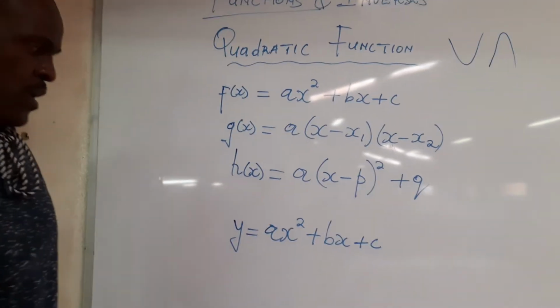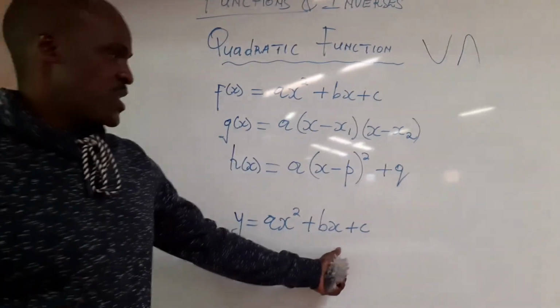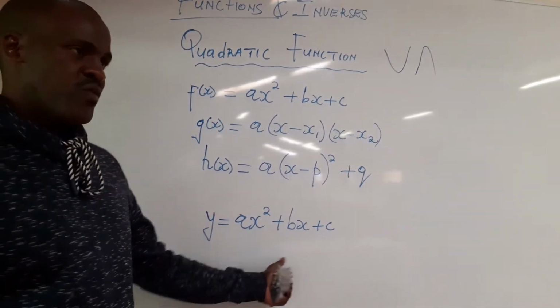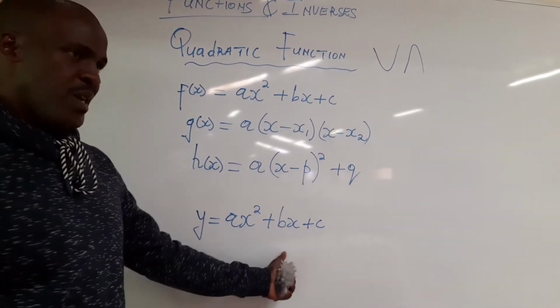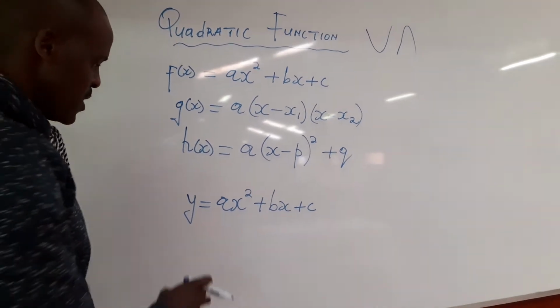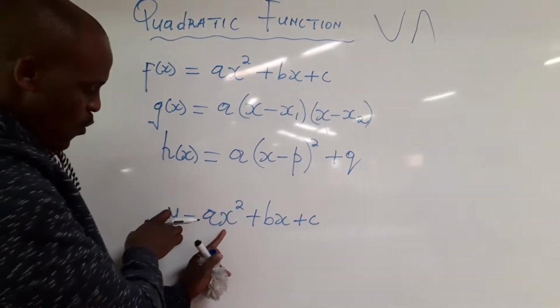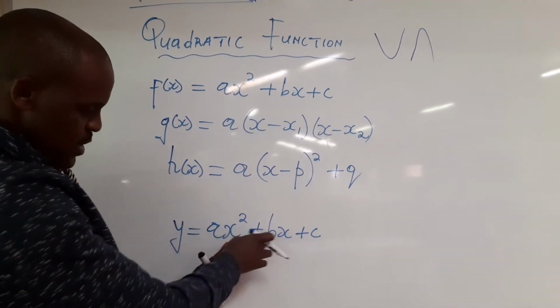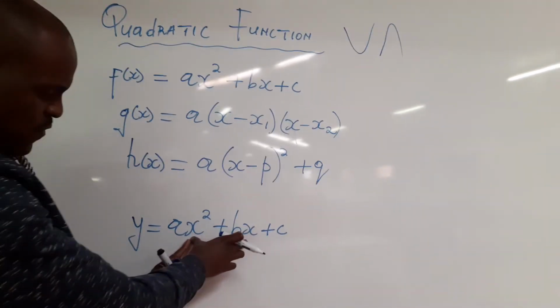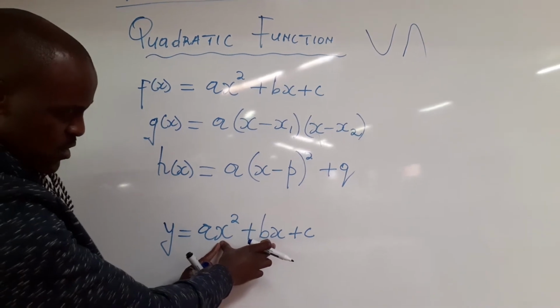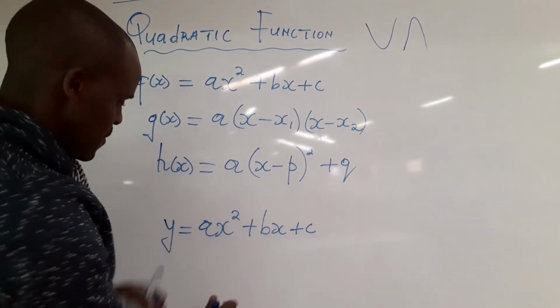For us to sketch a graph, remember that we need to find the x and y intercepts. For the y-intercept, you let x be 0. If you let x be 0 there, you will be remaining with c.